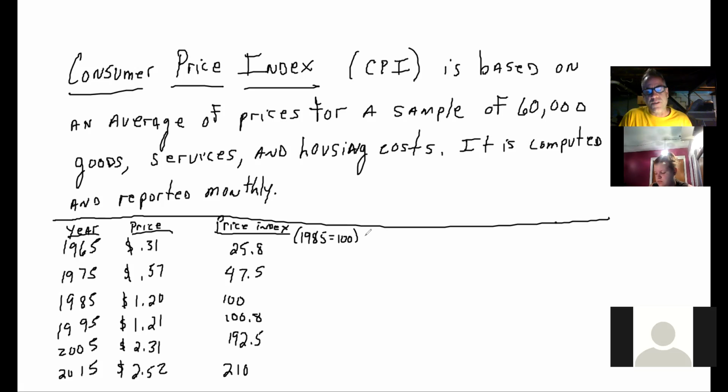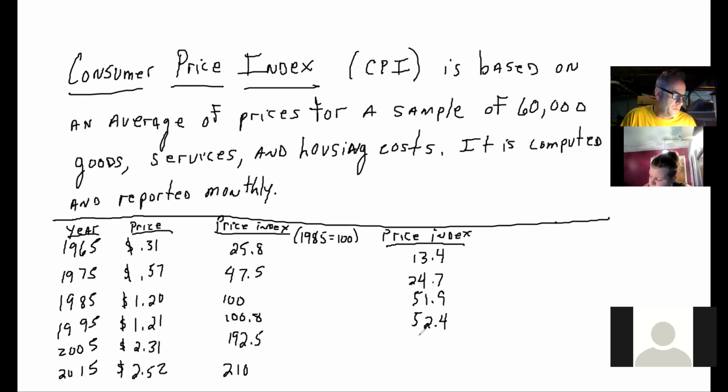So when you see a table and you see this, what does this mean? I'm going to do one more column. I'm going to write price index again. And I'm going to write down some different numbers: 13.4, 24.7, 51.9, 52.4, 100, 109.1.